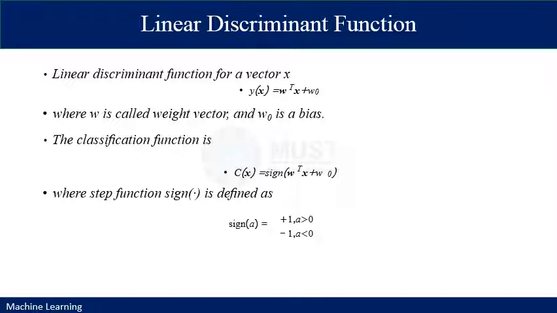A linear discriminant function for a vector x is a linear model which we denote as y(x) = w transpose x + w0, where w is called the weight vector and w0 is a bias term.